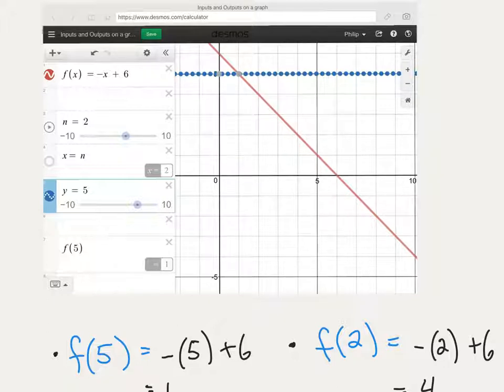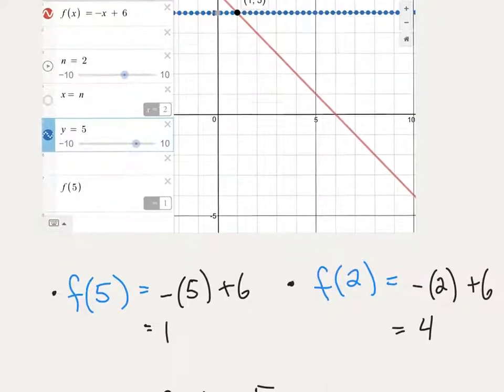I come over here and look at all of the y's that are 5, and find the one that's on my graph. It turns out that if I want an output of 5, I need an input of 1. So I look at my graph, I have this point (1, 5). So what I should expect is, if I have an input of 1, then I should have an output of 5. All right, so this is what the graph told us.